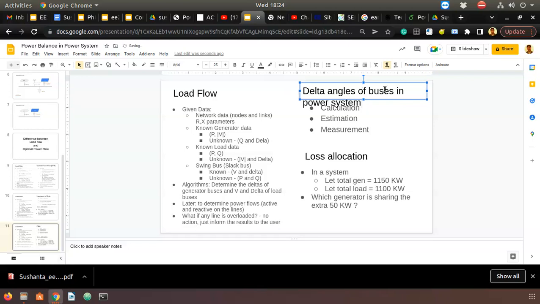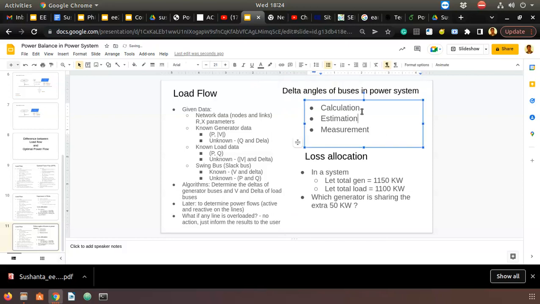I just want to be a little bit more specific, so I'm adding this. For calculation, you can have load flow or optimal power flow. For estimation, you have state estimation. For measurement, you have PMU.